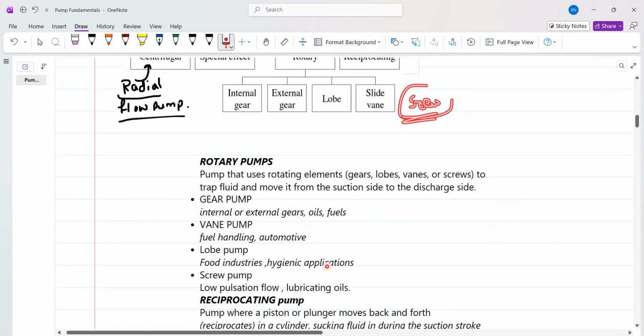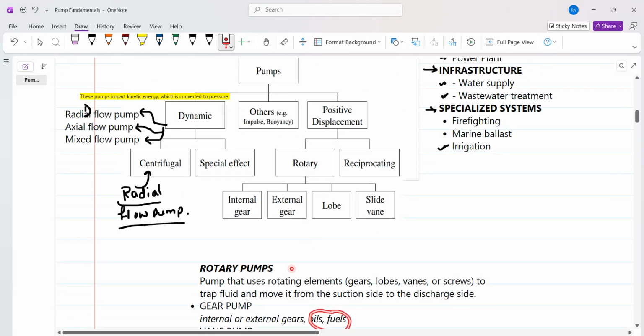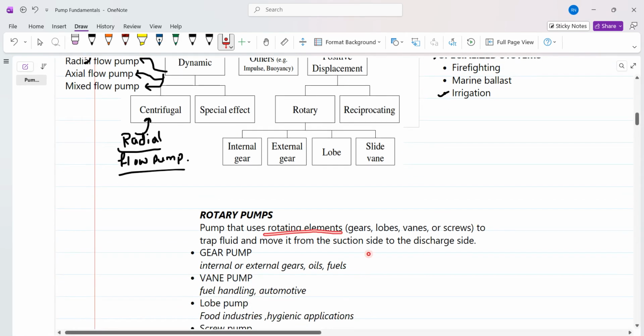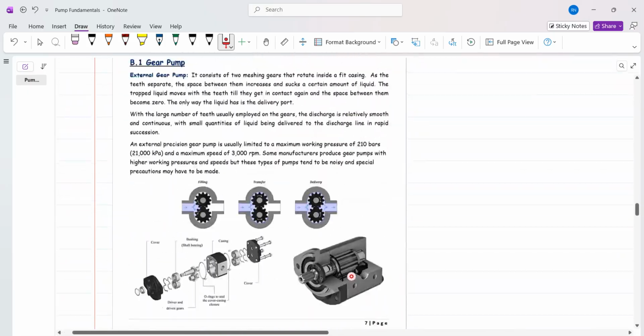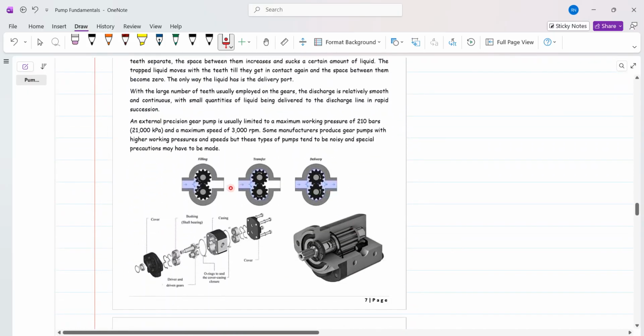Gear pumps are used for oils and fuels. Basically, rotary pumps work through rotating elements like gears, lobes, and vanes. Gears are like this. The two gears rotate in opposite directions, so that they displace the liquid from the suction point to the discharge point.